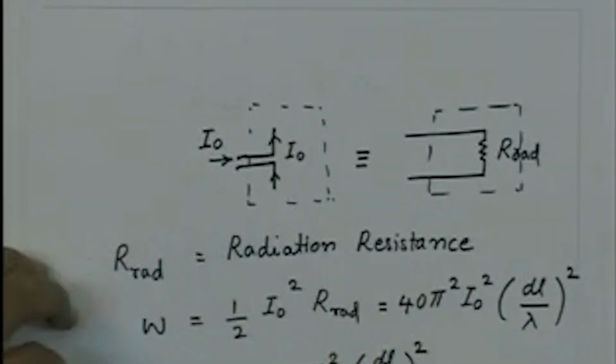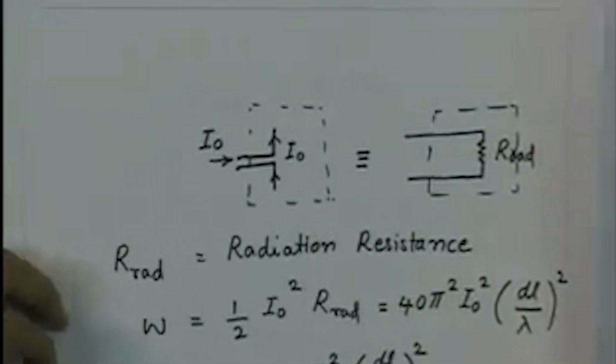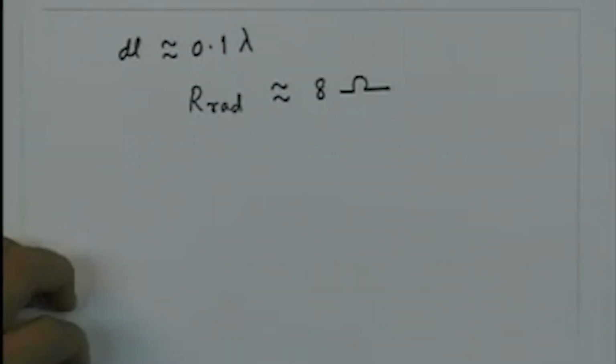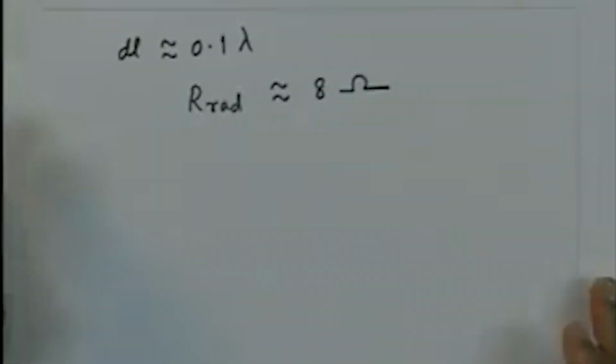Secondly, because of the low radiation resistance, the power radiated by this antenna is very small. So radiation resistance is a good concept when we try to estimate the power radiated by a given antenna, and then by devising a mechanism by which the radiation resistance can be increased, we can radiate more power for a given excitation current in the antenna.